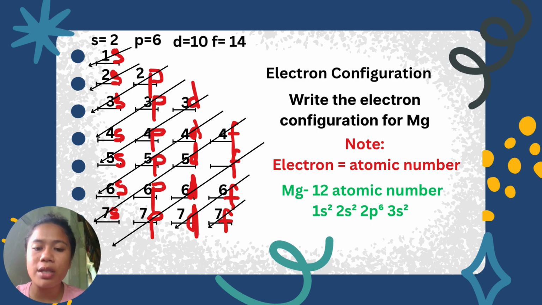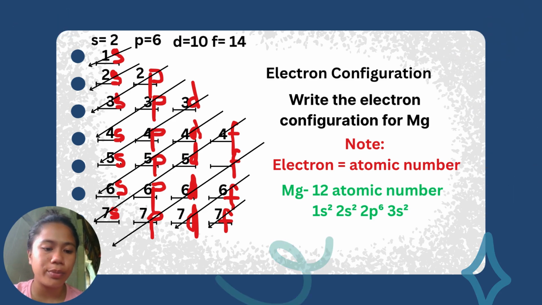We have 12 as the atomic number. So the electron configuration is 1s to the power of 2, 2s to the power of 2, 2p to the power of 6, 3s to the power of 2. So 2 plus 2 plus 6 equals 10, plus 2 equals 12. That's the electron configuration for magnesium.